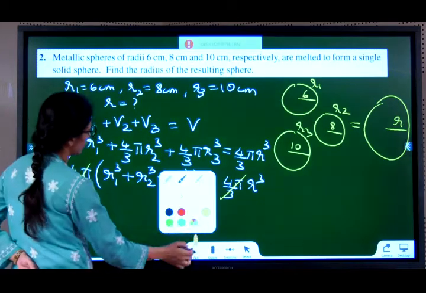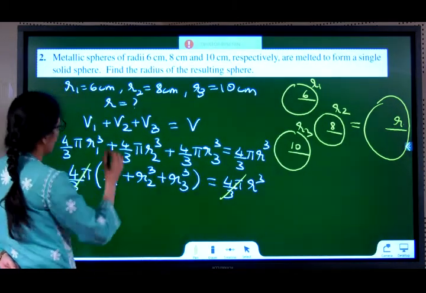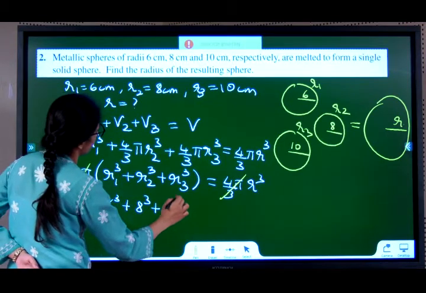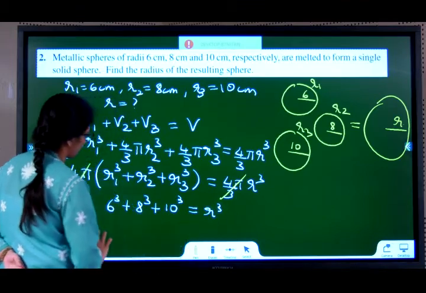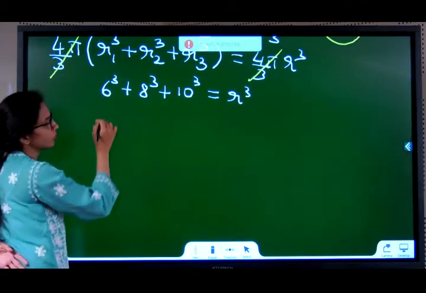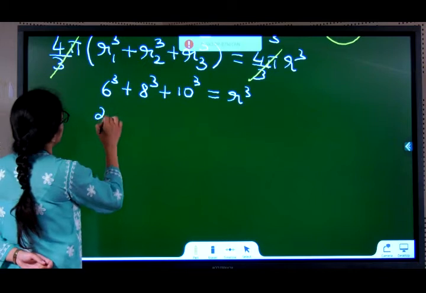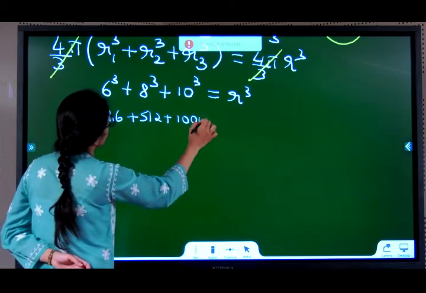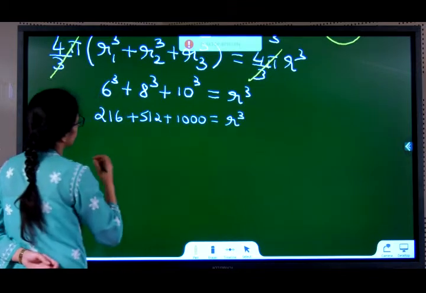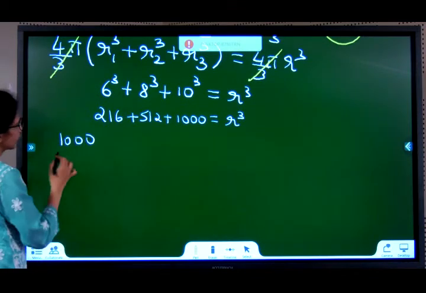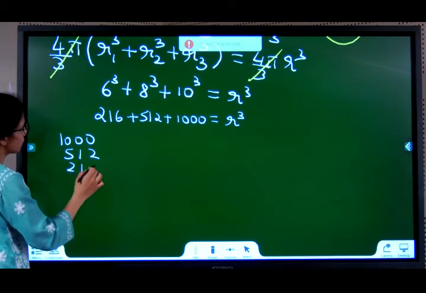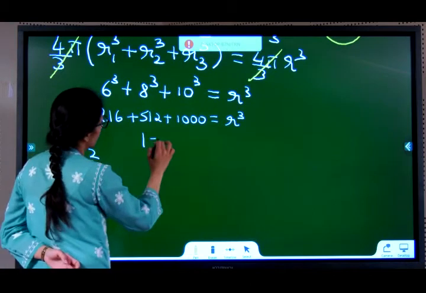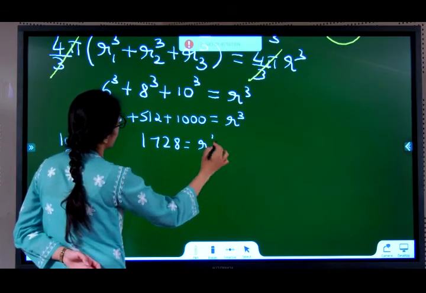Now substitute R1 is 6. 6 cube plus 8 cube plus 10 cube is equal to R cube. 6 cube is 216, plus 8 cube 512, plus 1000 is equal to R cube. Adding all that, 1000, 512, 216, you get 1728. So 1728 is equal to R cube.